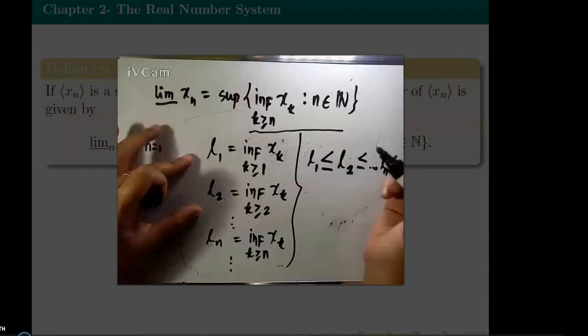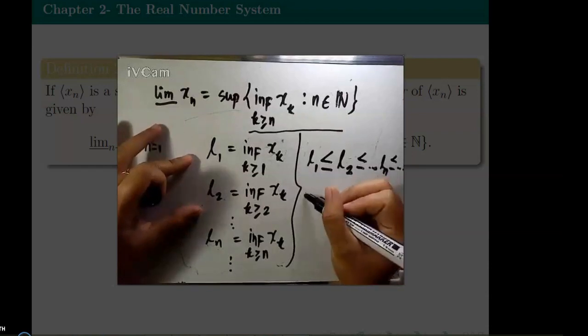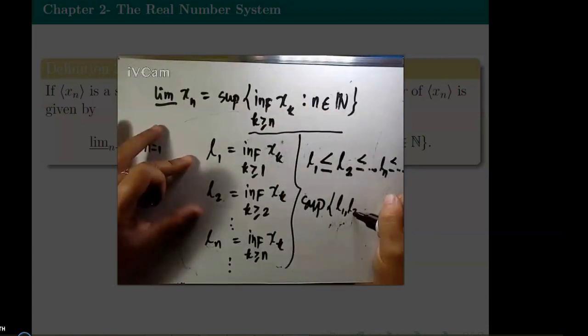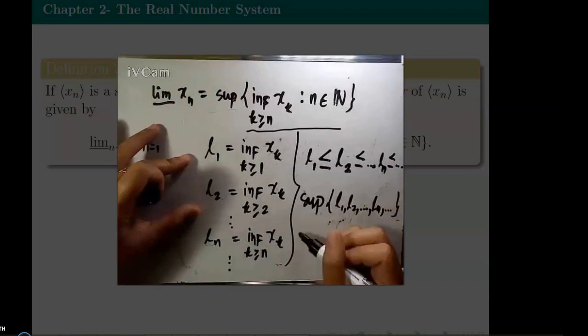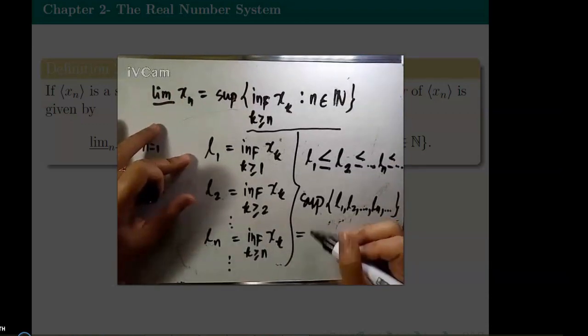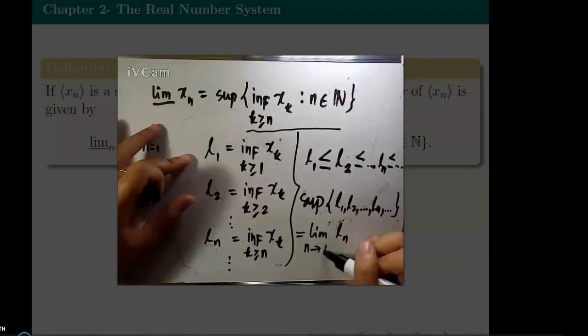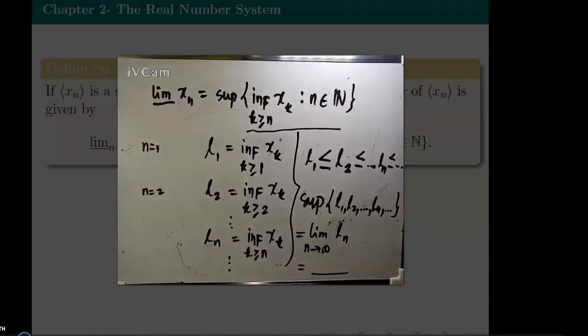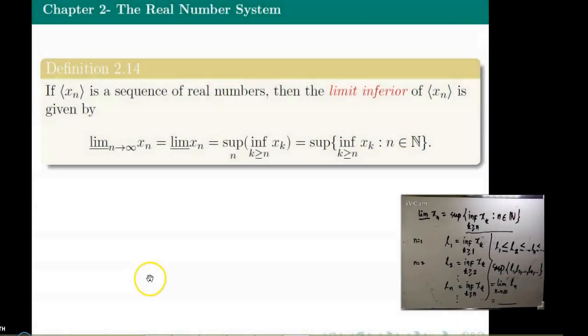So we have now the supremum of L1, L2, Ln, and so on, which is equal to the limit of L sub n as n approaches infinity, which is equal to the limit inferior of the sequence.